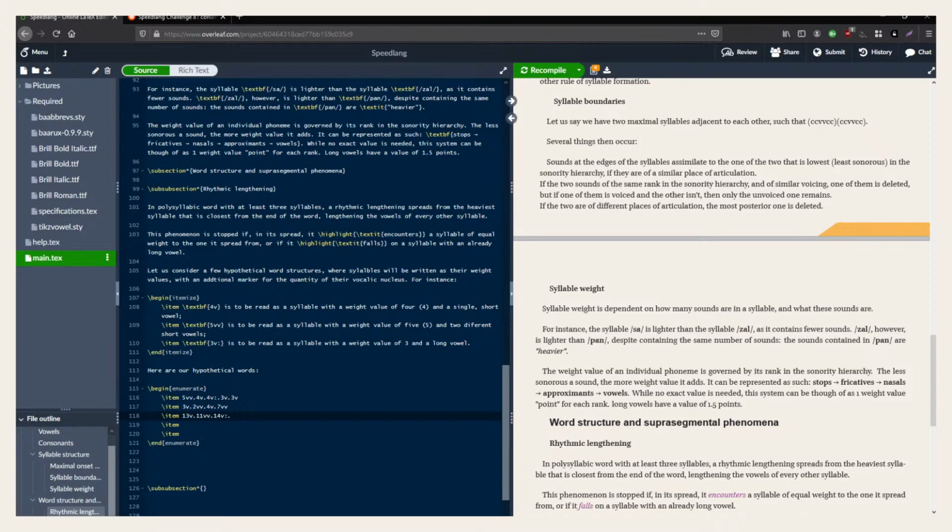Then 9V and another 14V long. Then let's have another that is also thought out, because I want to demonstrate specific things with them. Actually, I'm going to lower this and this.